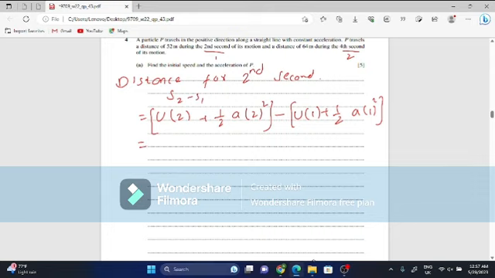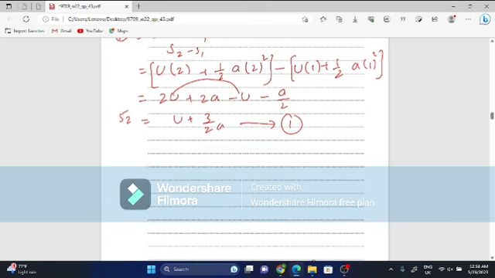So let's do the simplification. That gives me 2u plus 2a minus u minus a by 2. After that, that gives me u plus 3 by 2 of a, because this one is u and 2a minus a by 2 is 3 by 2 a. So this is my distance, that is coming as 52 meters. So that's the answer for my first scenario. Let's start the second one.